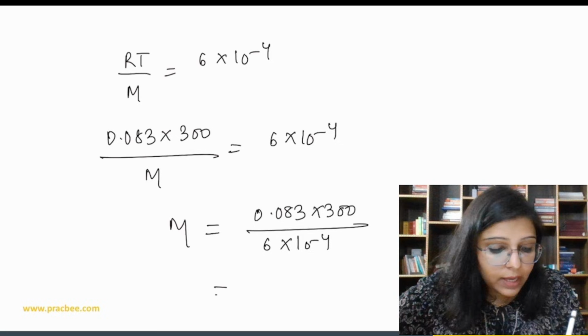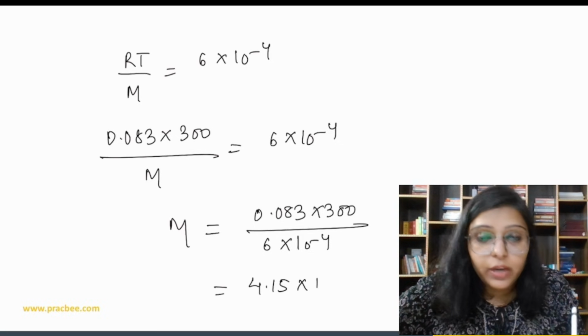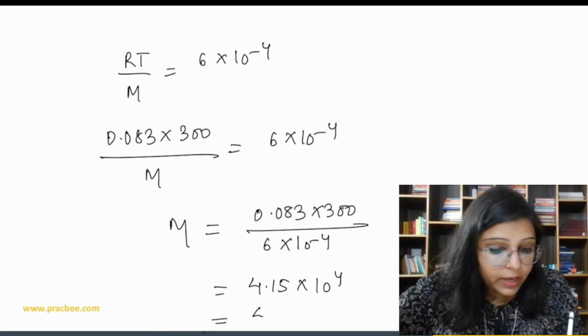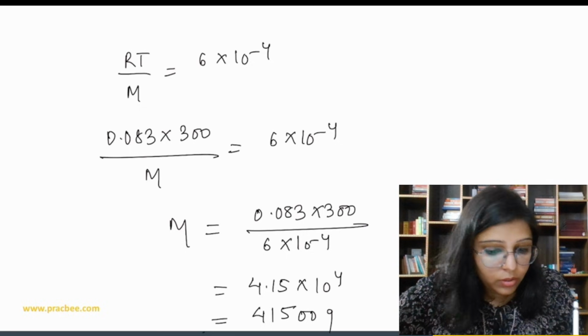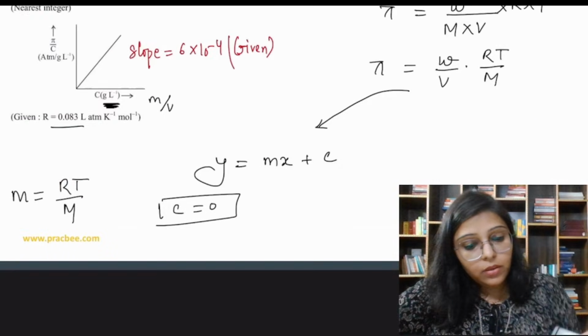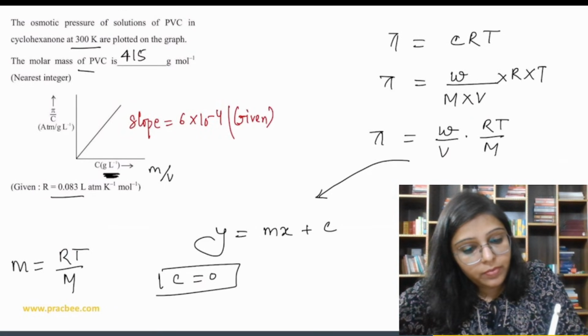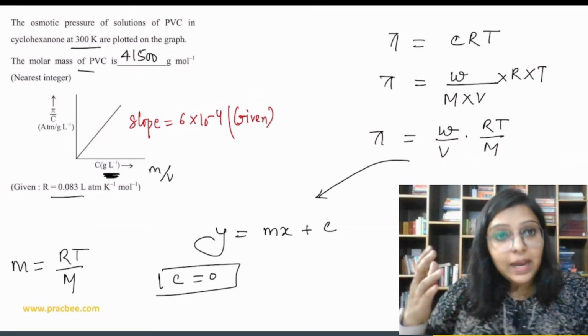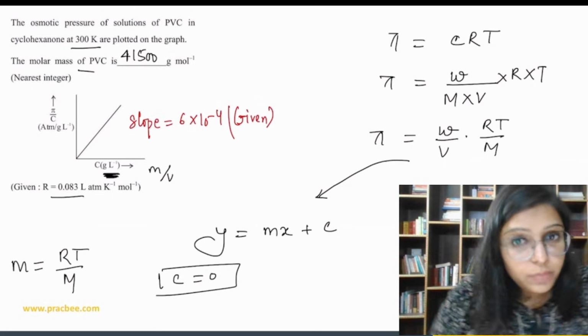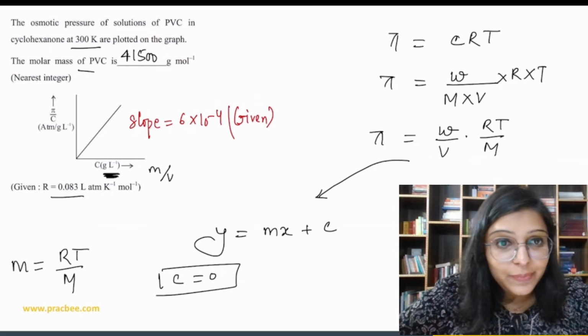On solving that, we get 4.15 into 10 to the power 4, which we can write as 41500 gram. So PVC mass is 41500 gram. And what is PVC? It's a polymer. So mass should be high, right? Mass should be high because it's a polymer.